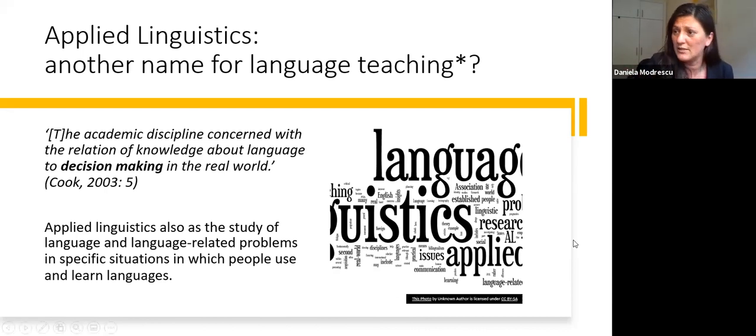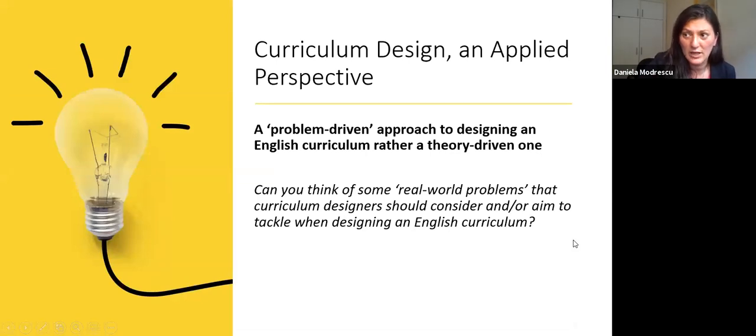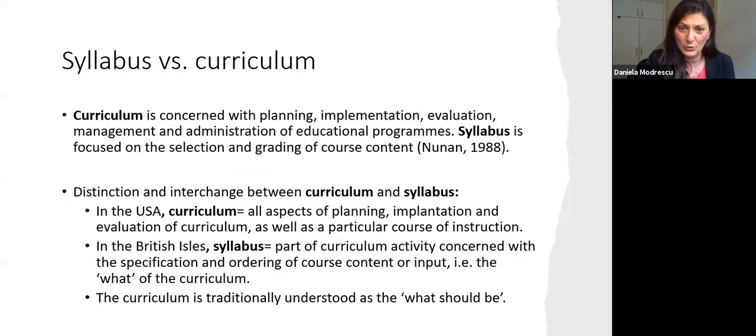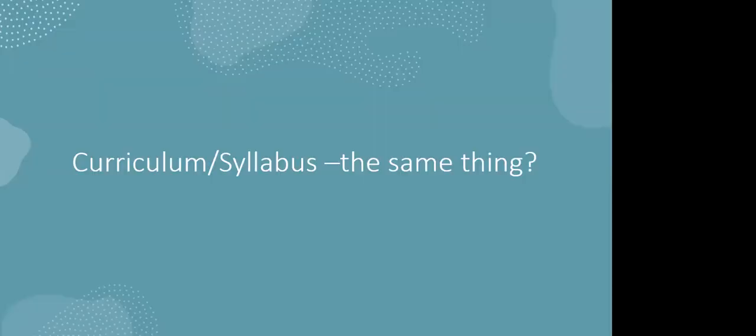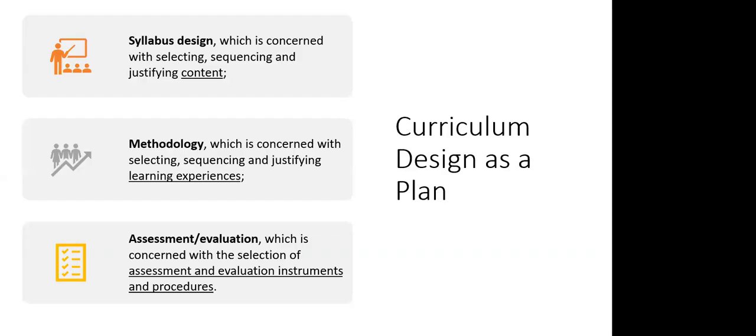We'll be talking about that later, but just to let you know that in the notes of the slides there is a lot of content for you to explore if you want to know more. I'm sure many of you are language teachers and are familiar with these terms.